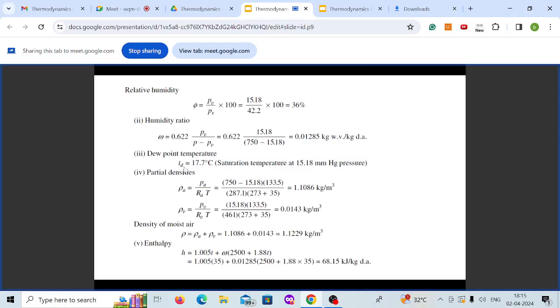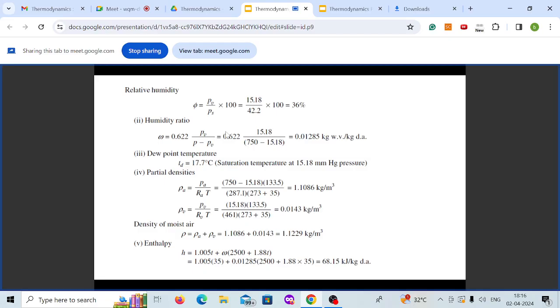So next is to find out the dew point temperature. Dew point temperature is that point where the PV is your saturation pressure. At that point your pressure of water vapor is the saturation pressure, so it will start condensing. So that is your dew point.